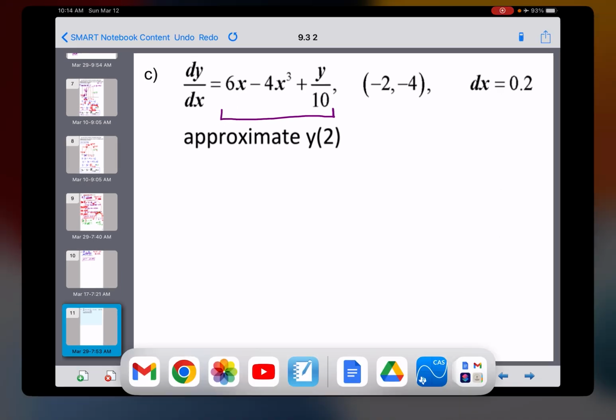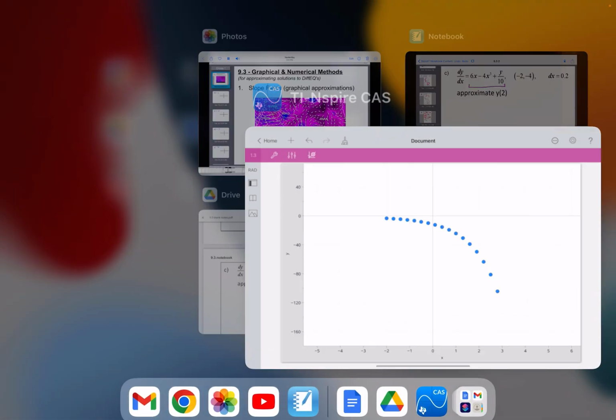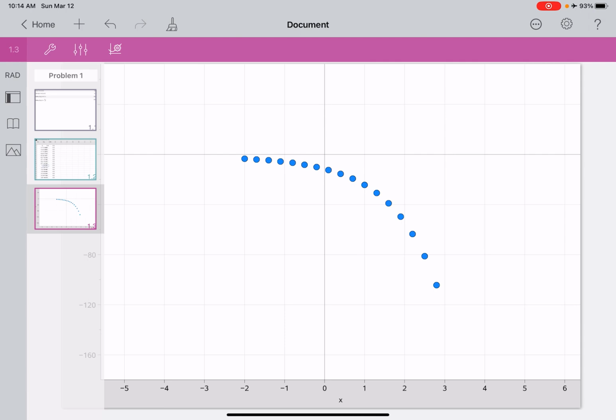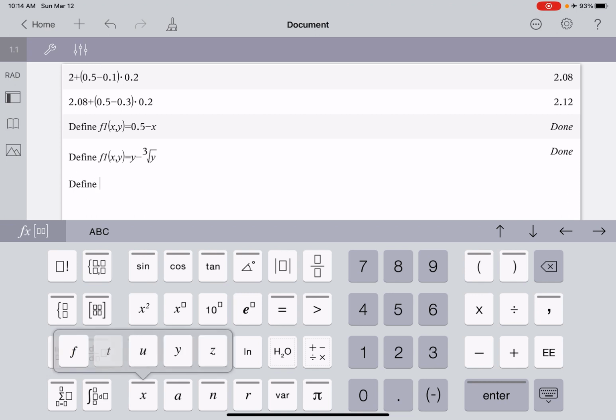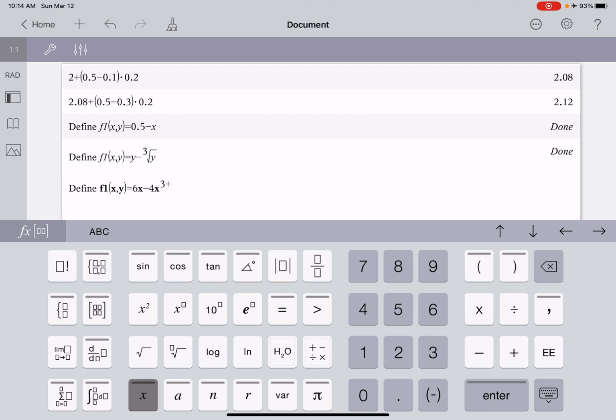All right, guys. So every time we do a new problem, we kind of do it in the same sequence. We go back to page 1. We redefine our original f1 function, our derivative here. So here we go. This is going to be f1 of x, y is equal to, and this derivative, more complicated than the previous ones, 6x, and then a minus 4x to the third power, and then a plus, we have a y divided by 10.